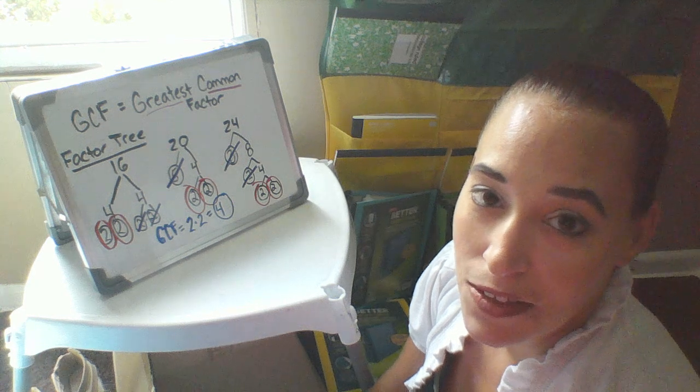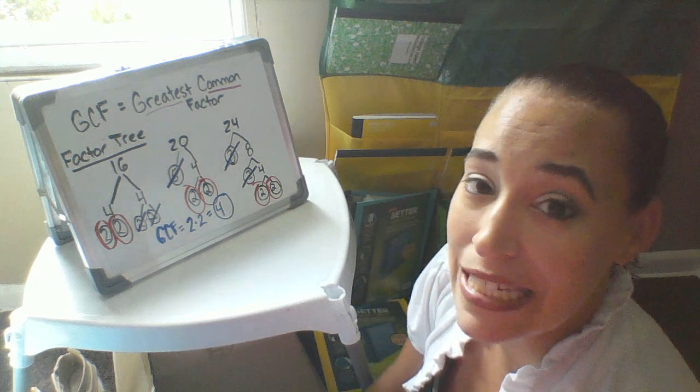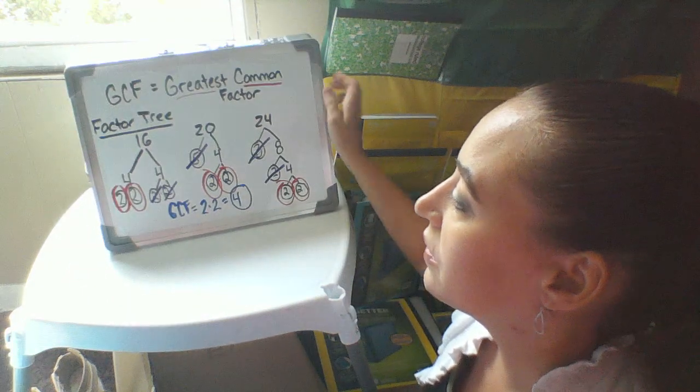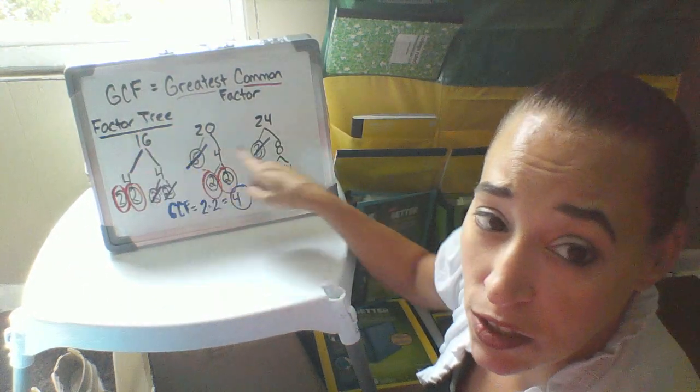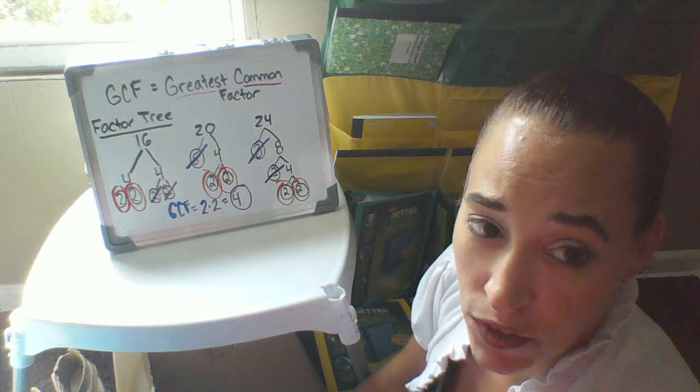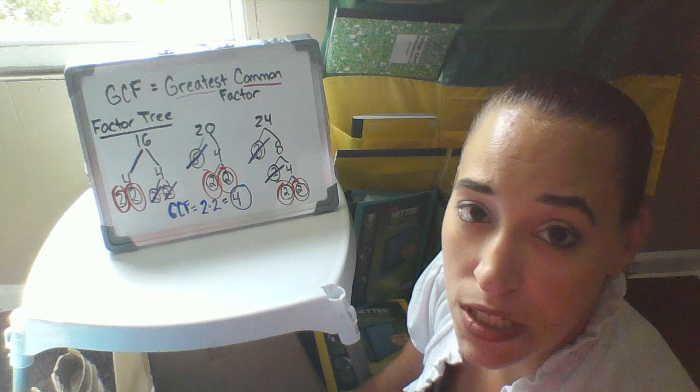So those are the 3 steps that you have to go through to find your GCF. Step 1, you create your factor trees. When you create your factor trees, you pull out all your prime numbers.